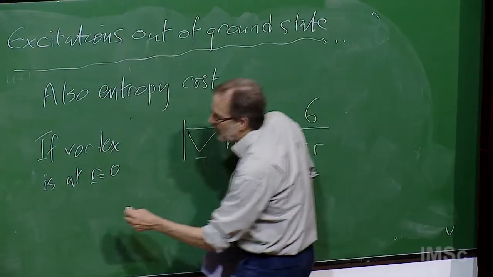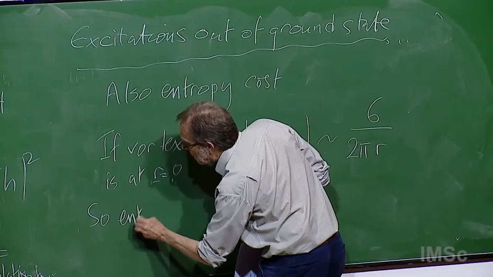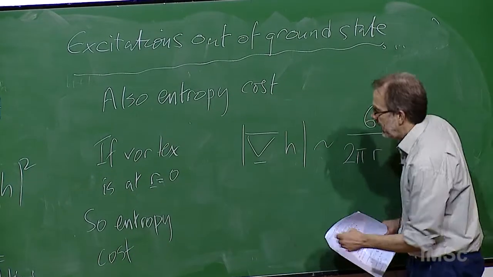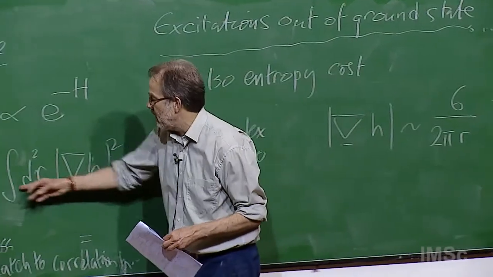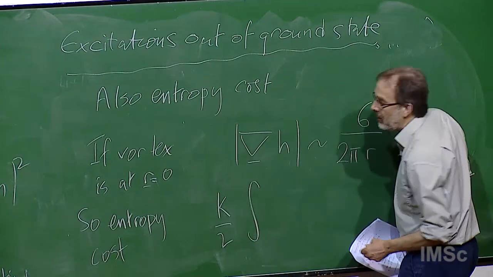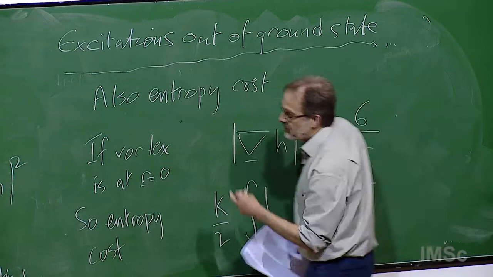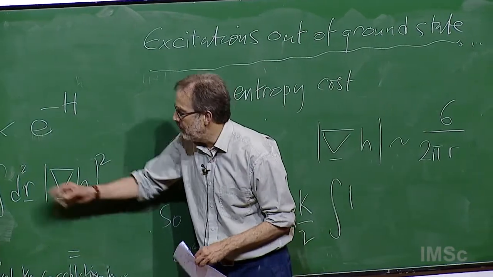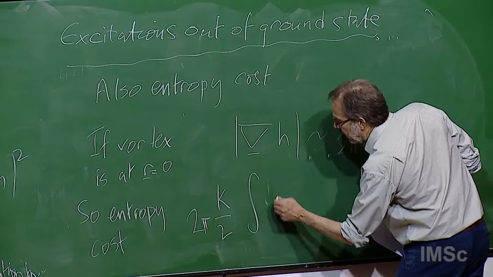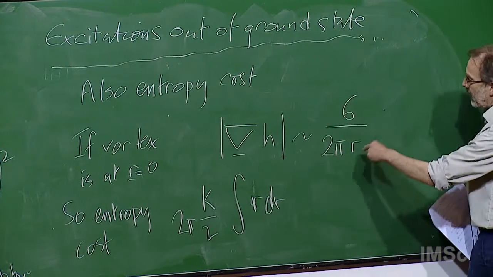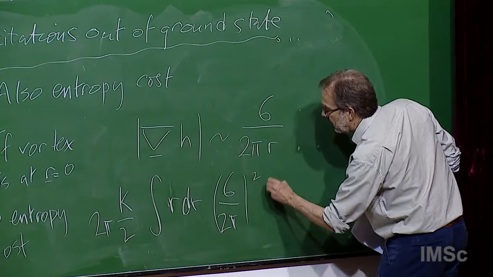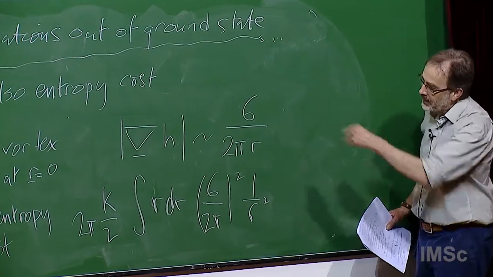So the entropy cost will be, well, we can work out the entropy cost from this Hamiltonian, so it'll be k over 2, and then we've got the integral, and so doing the angular integral, I get a 2 pi, and then I have a radial integral r dr, and from this I have 6 on 2 pi squared, and 1 over r squared from taking the gradient squared.